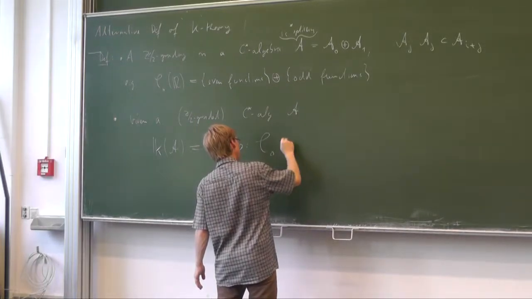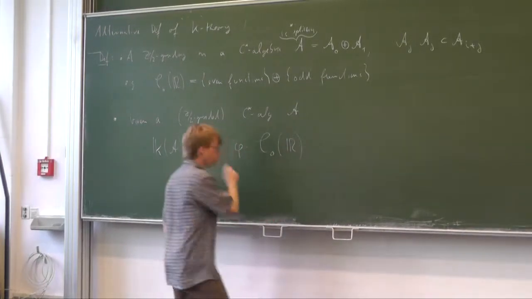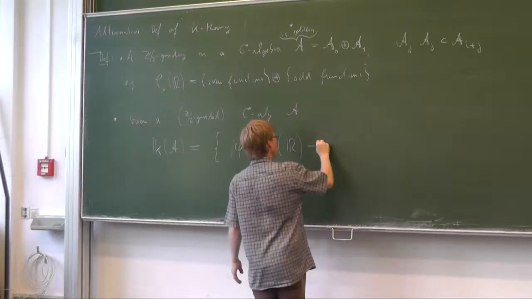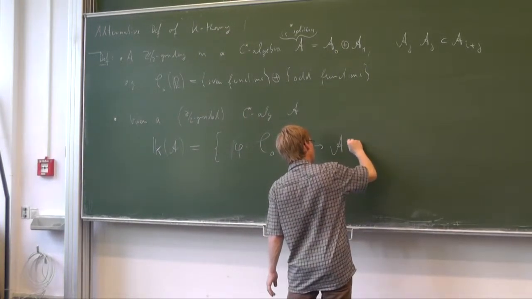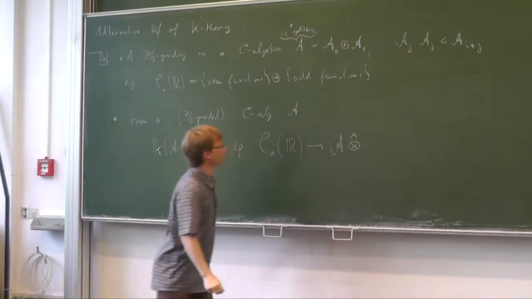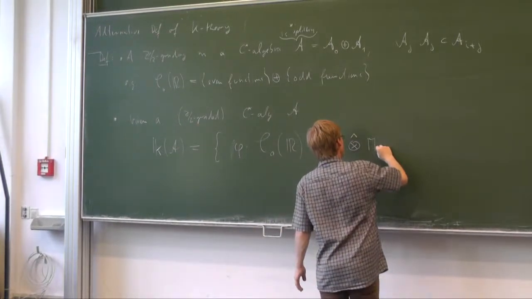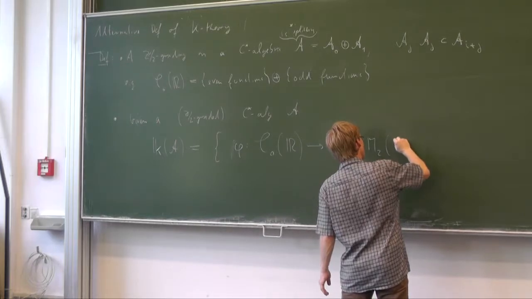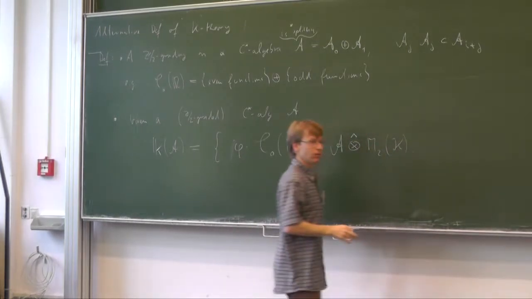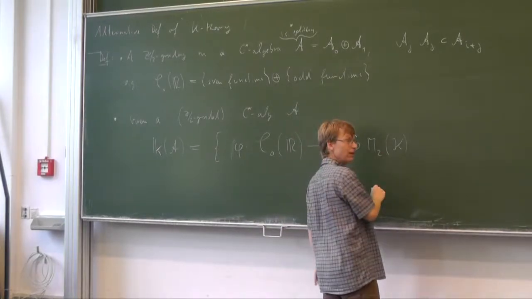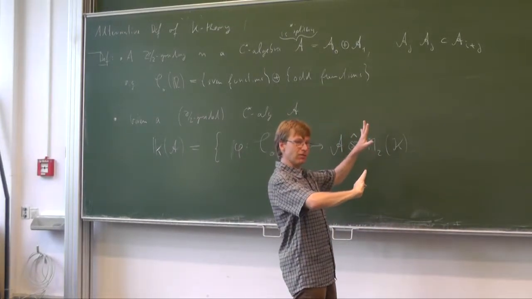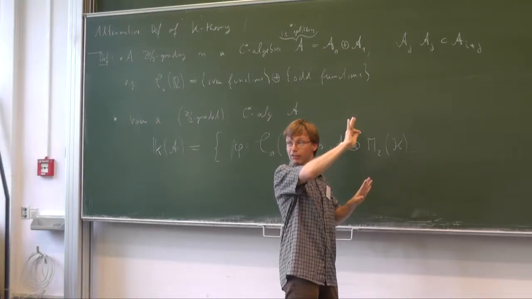So they go from the source algebra, which is this C0 function from R, and the target is our algebra A, but we have to enlarge it a little bit to have room enough, and we tensor with 2 by 2 matrices over the compact operators. That's also graded with the diagonal matrices being even, the off-diagonal matrices being odd.